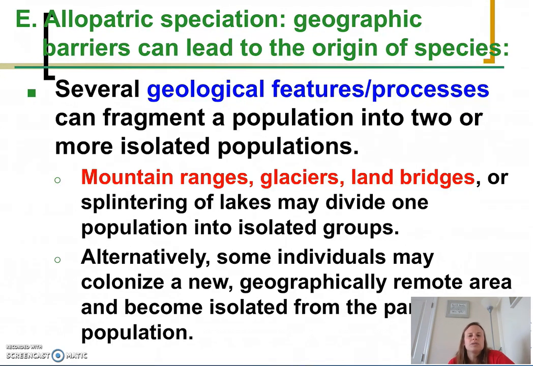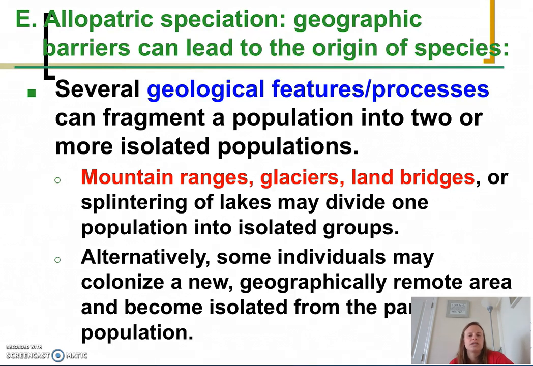So allopatric speciation is all about geological features or processes that can fragment a population into two or more isolated populations. Islands are an excellent place to study evolution because islands are physically separated. Therefore, they have their own environments, and each island is isolated and will have endemic species because those species have to adapt to that particular environment.